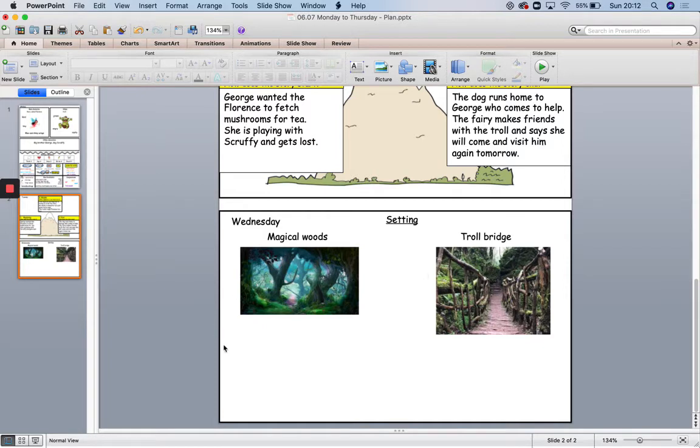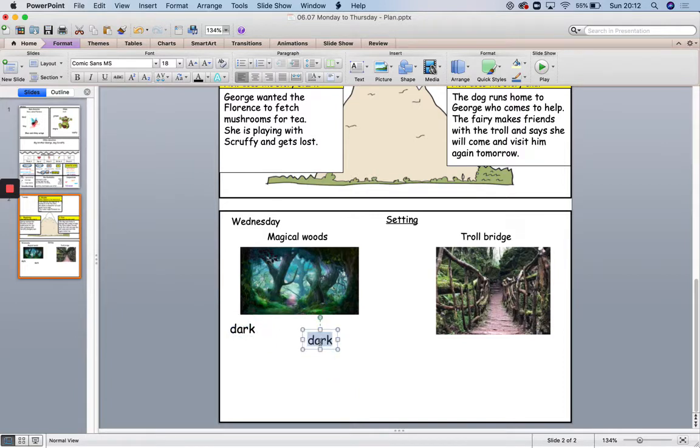So again, I'd like you to write some adjectives to describe the place, make it very exciting, make sure we know a little bit more about it so we can describe it in our story. So magical's already up there. I'm going to say dark, because that's quite a good adjective for there.